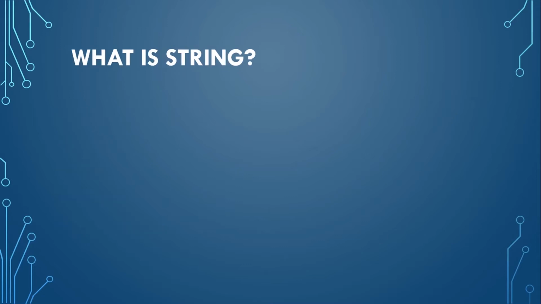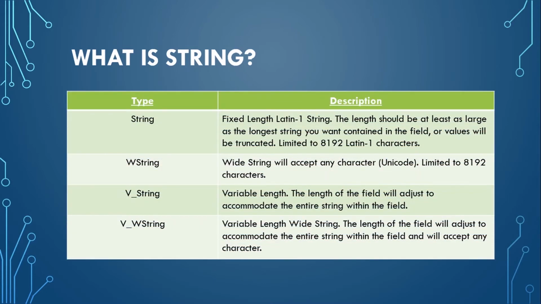What is string? String is a text which is a combination of characters as well as special characters. There are four types of string available in Alteryx. The first one is string, which is a fixed length string. The second category is W string, which is wide string that only accepts Unicode characters.